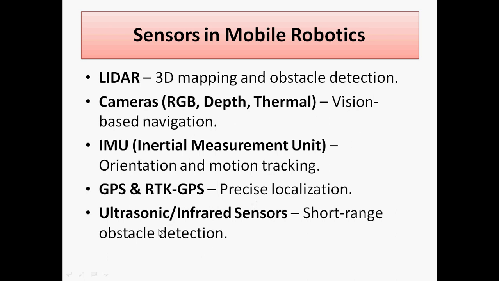Then ultrasonic or infrared sensors are used for short-range obstacle detection. So these are the sensors useful in mobile robots.